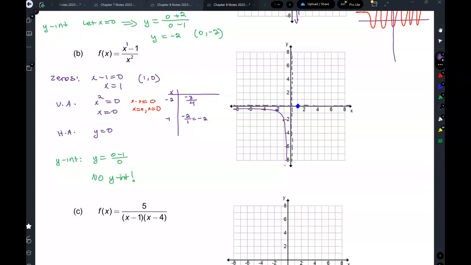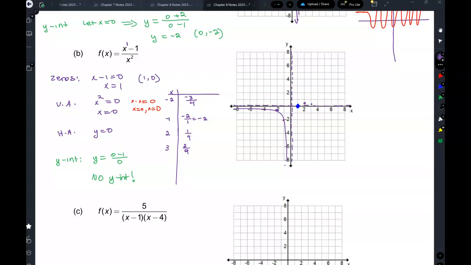So we already have x equals 1. Why don't we plug in x equals 2? You get 1/4 here. When you plug in x equals 3, you get 2/9. Is that higher or lower than 1/4? Lower. So look, it goes back down.